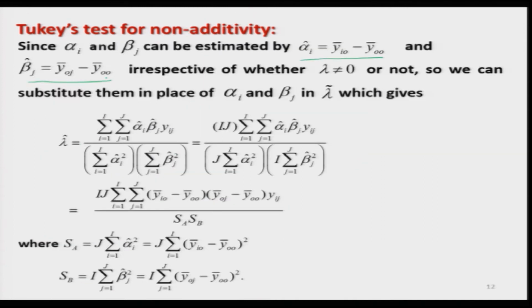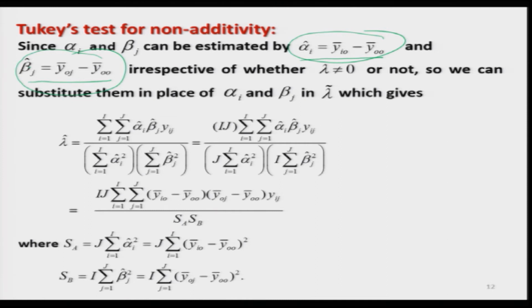So, now I request one of my friends, you can say, to supply us the values of alpha_i and beta_j. My friend goes to the data values and computes alpha_i hat like this and beta_j hat like this. And my friend tells me, well, you can use these values in place of alpha_i and beta_j, because these are the values which hold when your lambda is 0 and when your lambda is not 0.